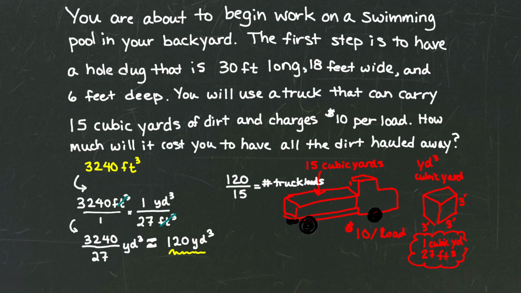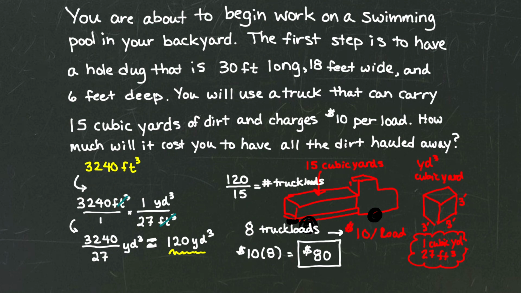So that tells us we're going to have 120 divided by 15, which is just 8 truckloads. And now we're getting somewhere. We're almost done. So I've got 8 truckloads of dirt. Each truckload, remember, is $10 per load. So what does that mean? The total cost then is going to be $10 times 8, because there are 8 truckloads, and that's going to tell us the total cost to haul away all this dirt is $80.